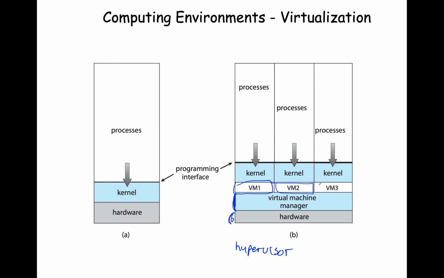We've done that. Virtual machine 1, virtual machine 2, virtual machine 3, and then you install your operating system on top of that simulated low-level instance of the machine. So maybe that's going to be Linux. Maybe this one is going to be Windows you install, and maybe this is going to be another version of Linux. Maybe it's Ubuntu Linux, and maybe this is Kali Linux, for example.